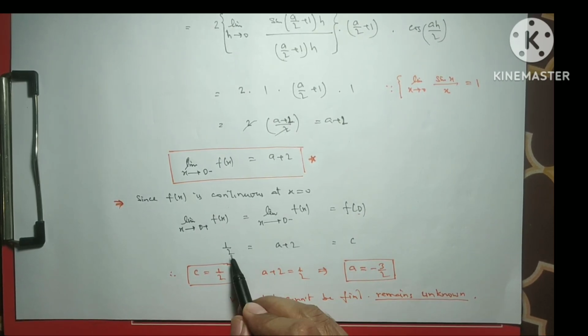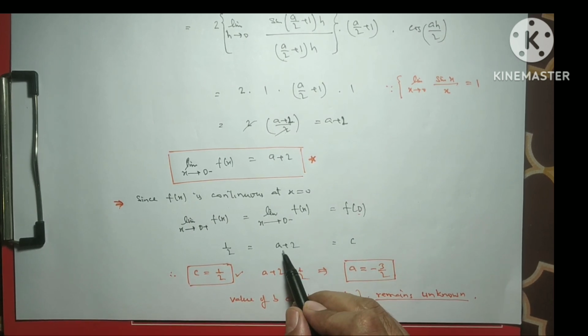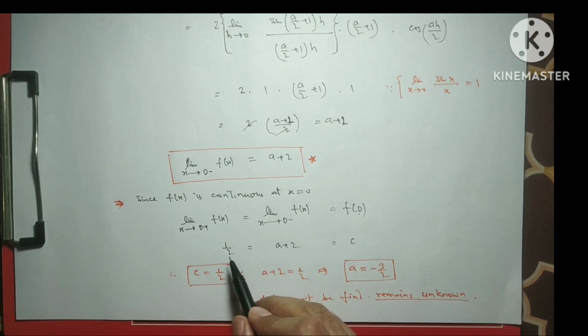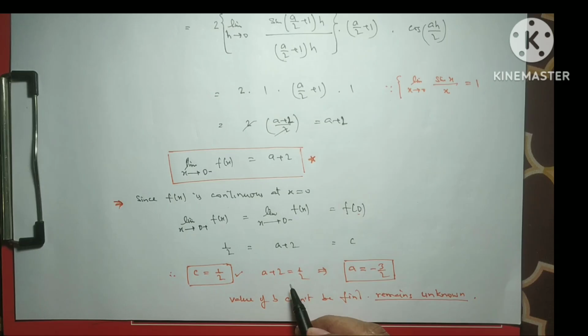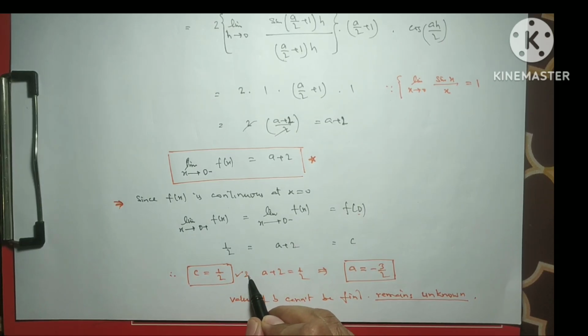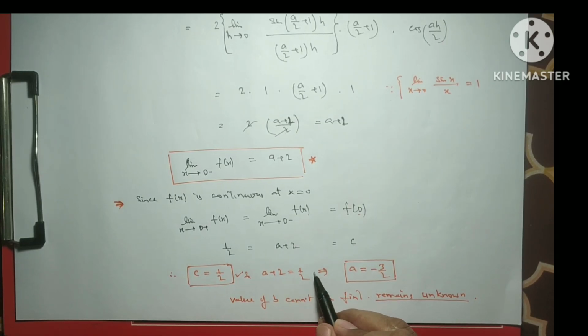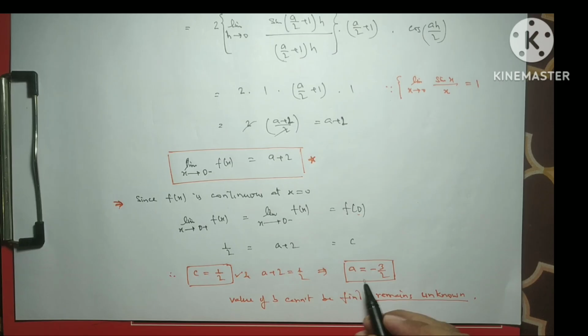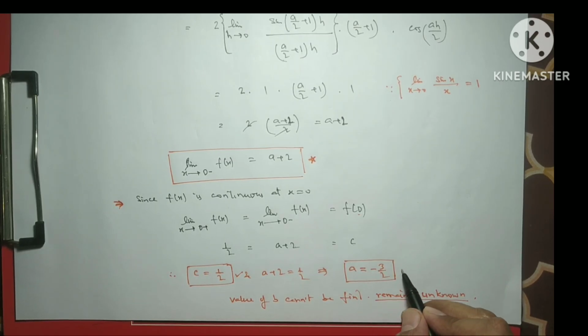So c equals half, this is our first answer, and a plus 2 equals half, so when 2 goes to the right hand side we obtain a equals minus 3 by 2.